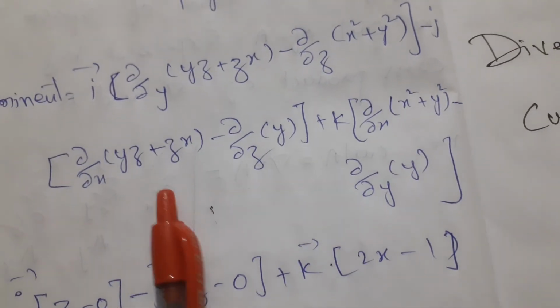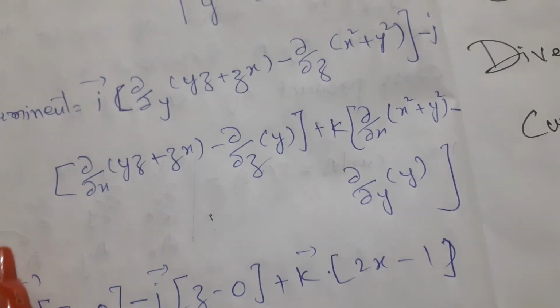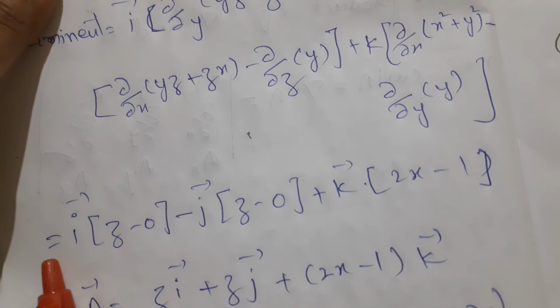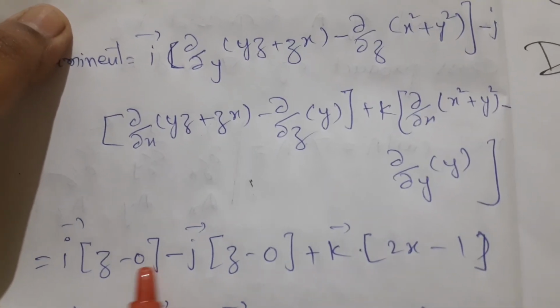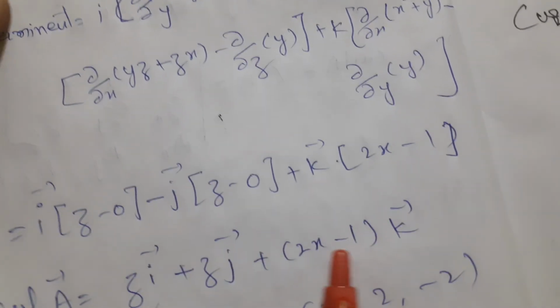Now we have to take the determinant of this given matrix. When you take the determinant, we get i(z minus 0) minus j(z minus 0) plus k(2x minus 1).